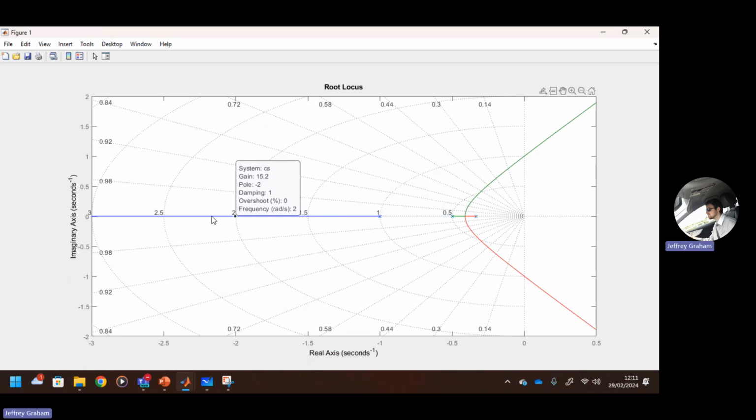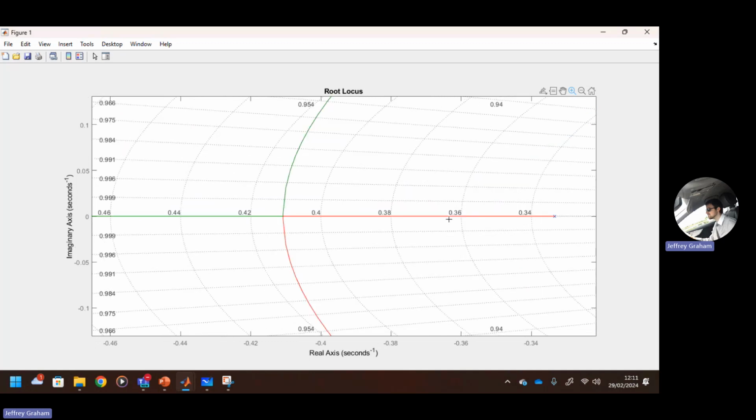Right, so the blue branch doesn't go off at any particular point, so there's no need to analyze that one. Move that. Which, if we then have a close look down here, data point minus 0.411.